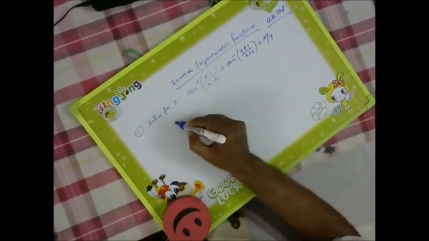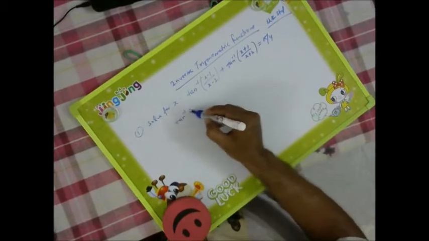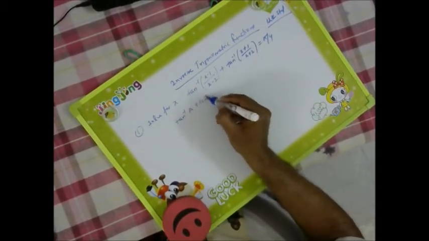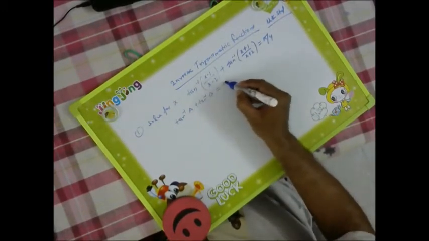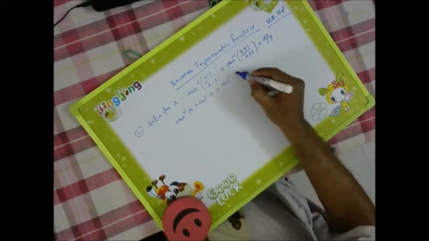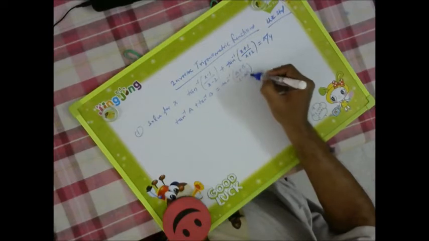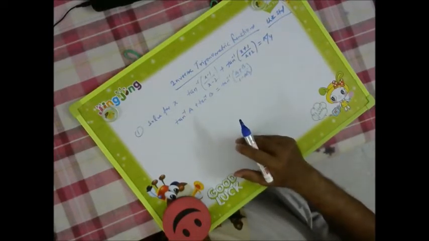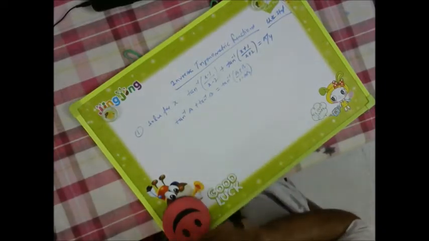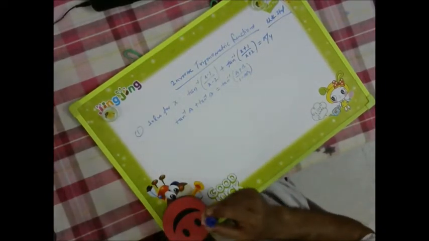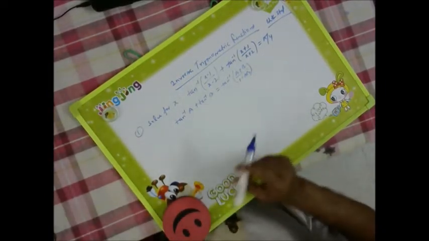We already know the formula: tan inverse A plus tan inverse B is equal to tan inverse of (A plus B) by (1 minus AB). This formula is already there in inverse trigonometric functions, and we need to use it here.